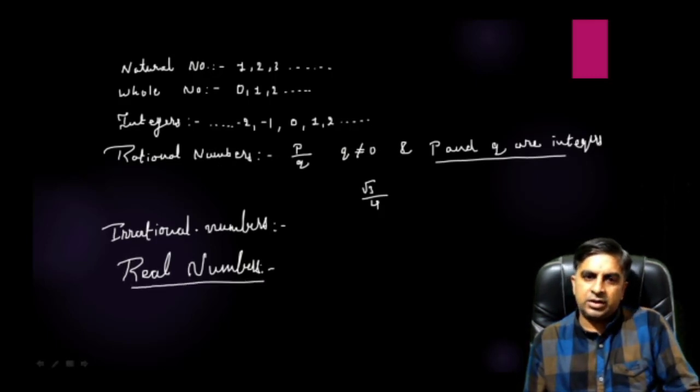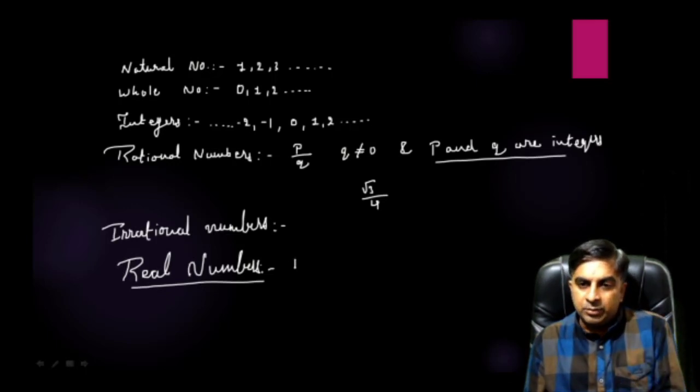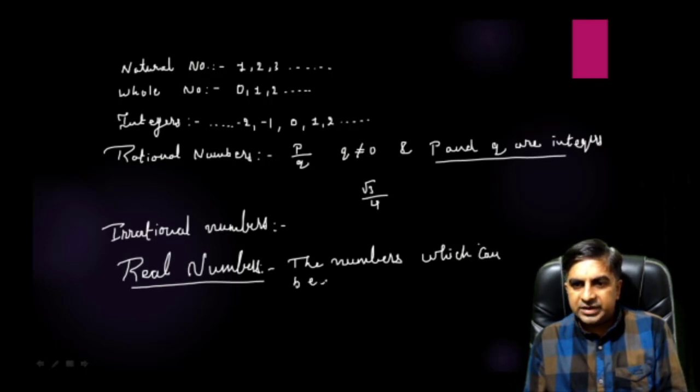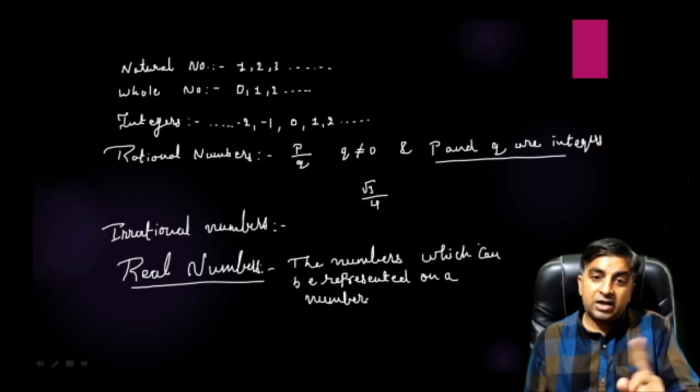We know that rational numbers and irrational numbers together form real numbers, but one exact definition of real numbers is: the numbers which can be represented on a number line are real numbers.